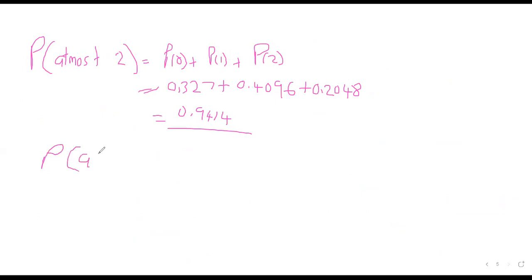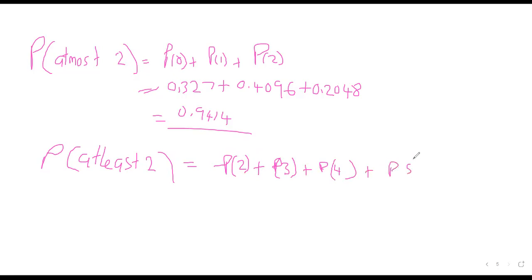So now, if we're asked to find at least 2, what are we doing? It should be 2, 3, 4, up to the last number 5, and the probability of 5. Since this is a long cut, you just subtract 1 minus the probabilities that are not included. What probabilities are not there? 0 and 1.